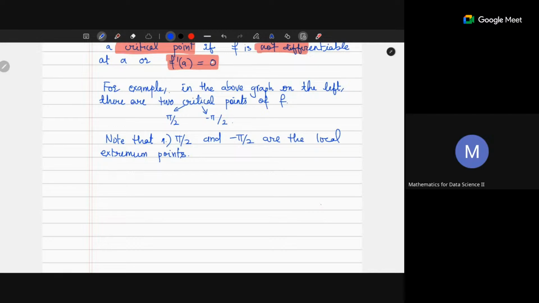In particular, f of pi by 2, which is 1, is a local maximum, and f of minus pi by 2, which is minus 1, is a local minimum.